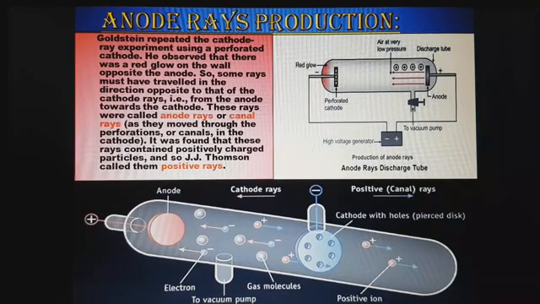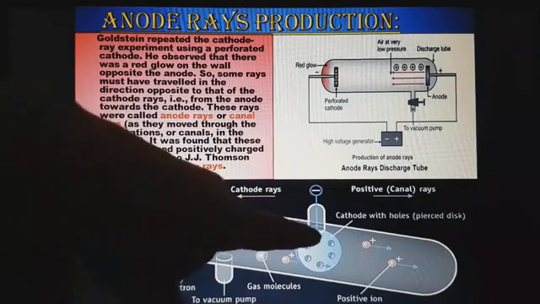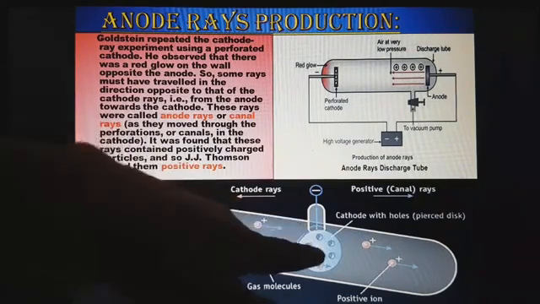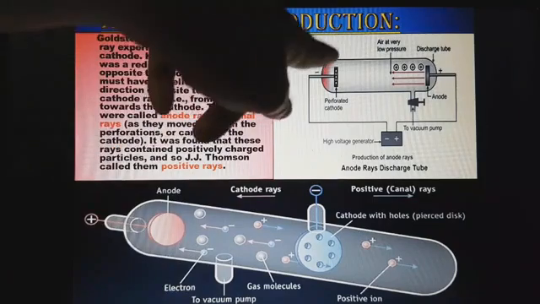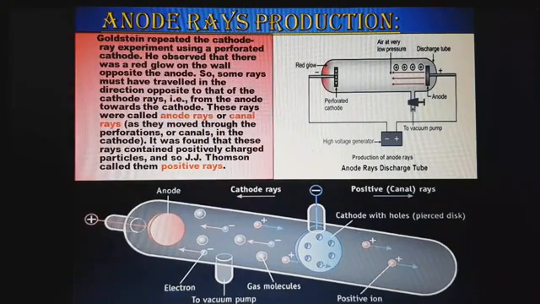So anode rays are also known as canal rays and positive rays. Clear? I think this experiment is clear. Instead of an opaque cathode, a perforated cathode was used so that the rays are able to travel through it. Then only this red glow was observed. I think all these things are clear.